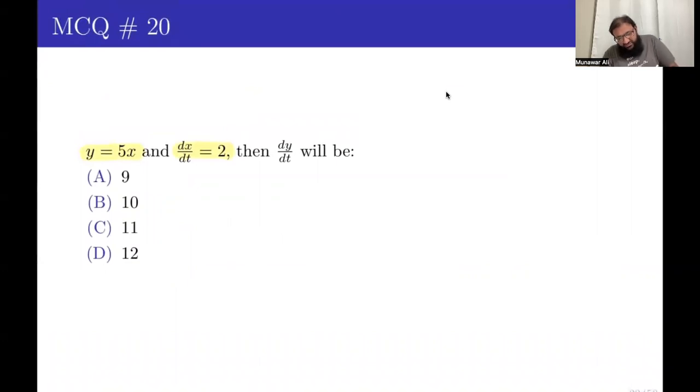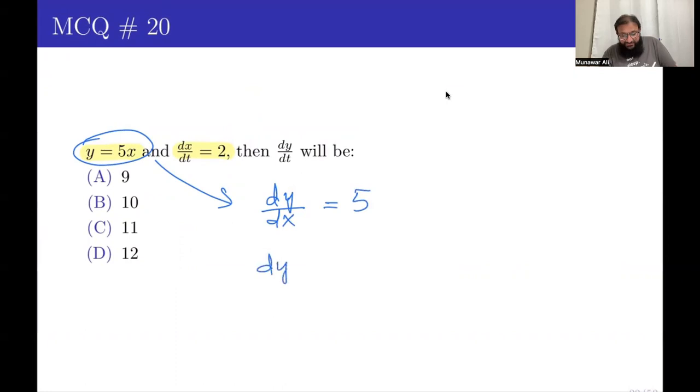So first of all, with the help of this, I can find out dy by dx, which is going to be 5. Just differentiate y with respect to x. And you know very well that dy by dx can be written as dy by dt over dx by dt.